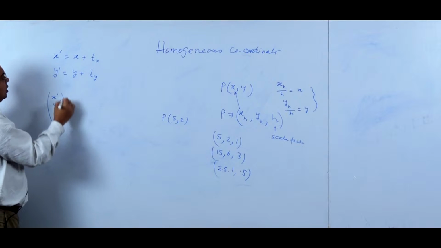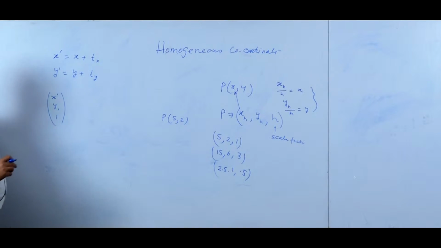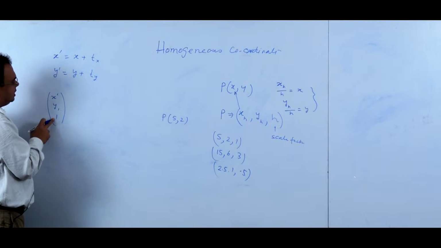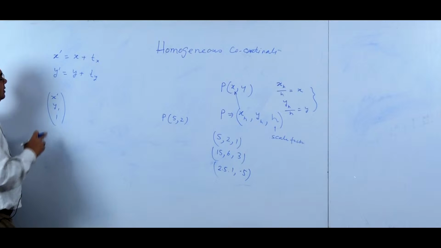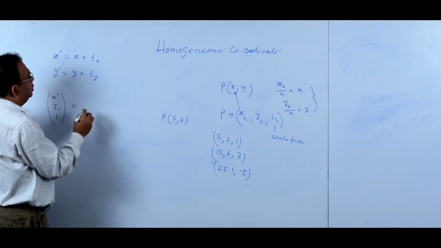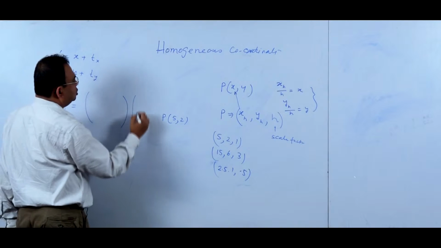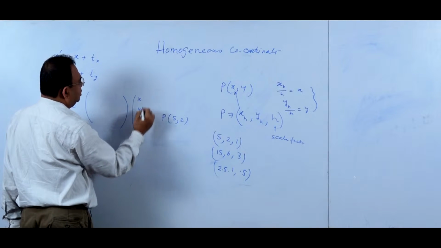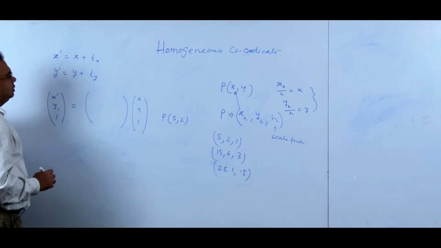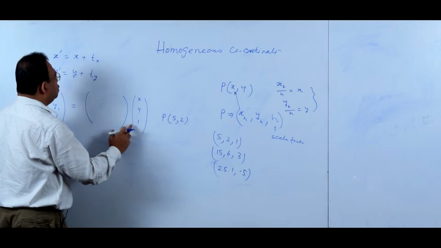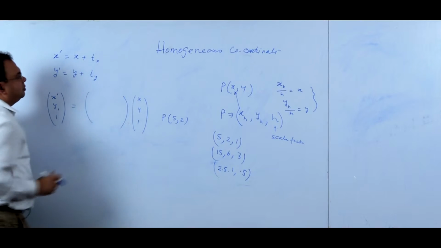Let us consider 1 is the unit by which x dash and y dash are measured. Here the scale factor is a new term introduced. The object point is also represented as x, y, 1. And what will be this matrix, so that if you multiply these two, we will get these transformation equations?